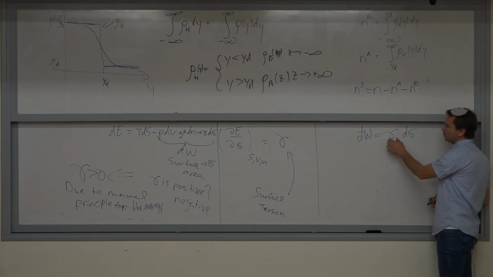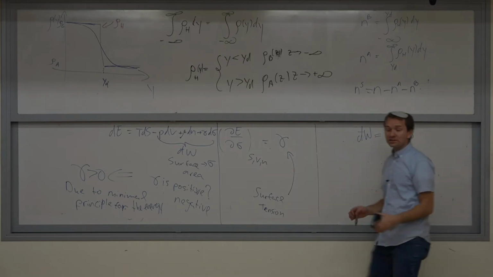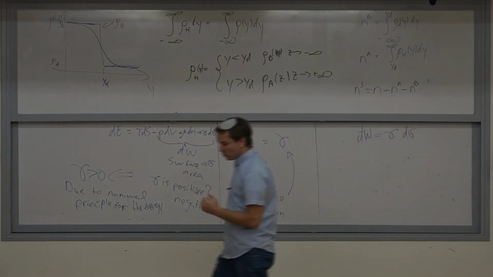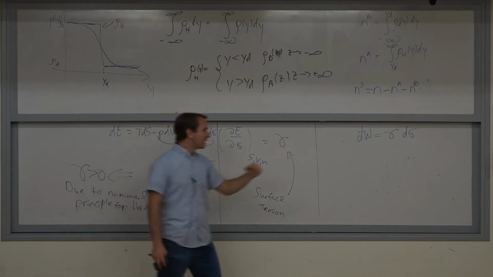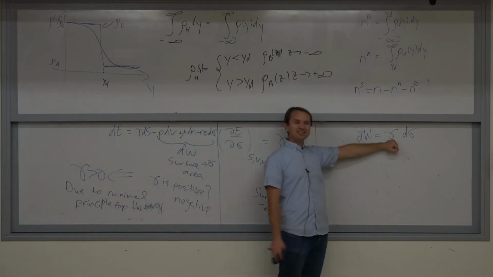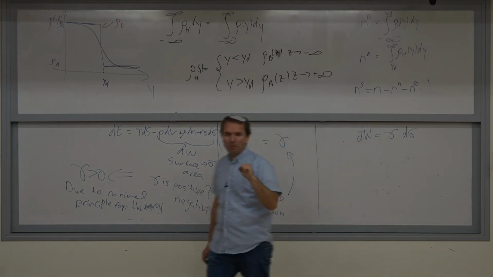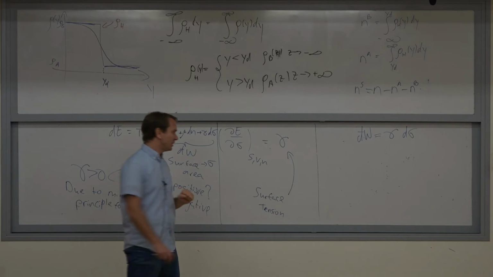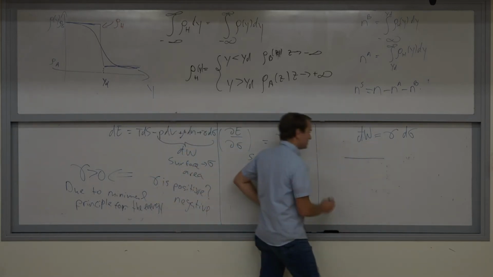I'm calling this a generalized force, and this is my generalized coordinate. So when I'm changing the surface a little bit, gamma is the generalized force that tries to oppose those changes.